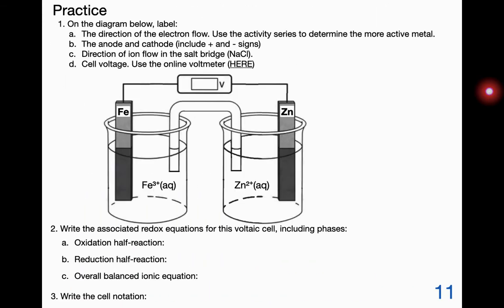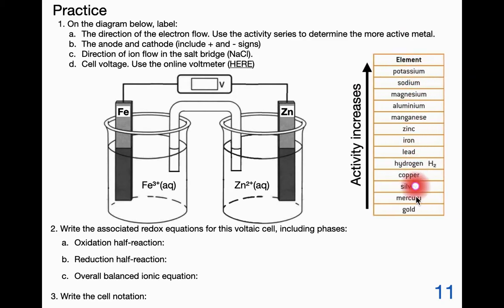Let's do a practice. On the diagram below, label the direction of the electron flow. Use the activity series to determine the more active metal. So using this as our activity series, we can see that zinc is more active than iron. So zinc is going to undergo oxidation. It will lose electrons.